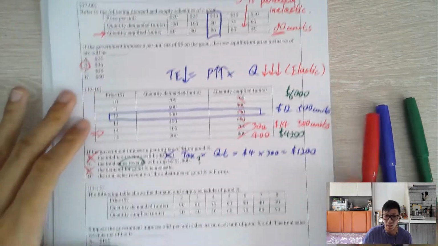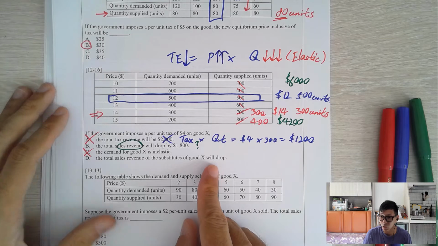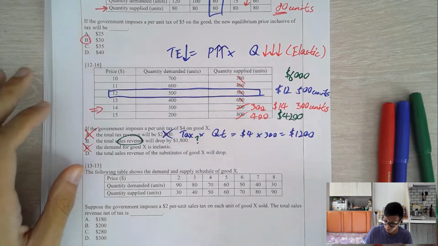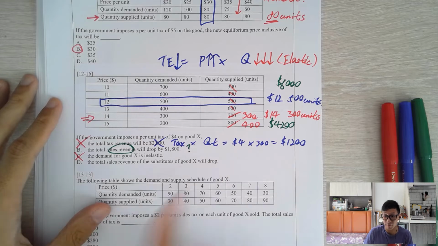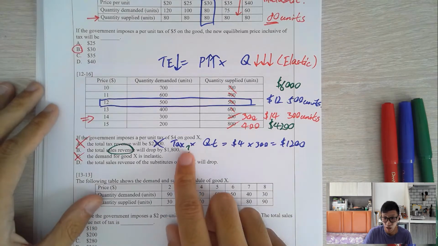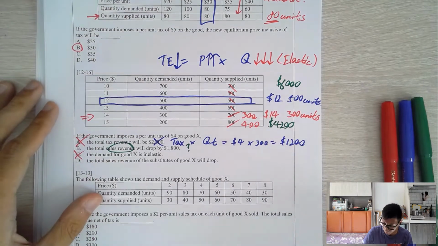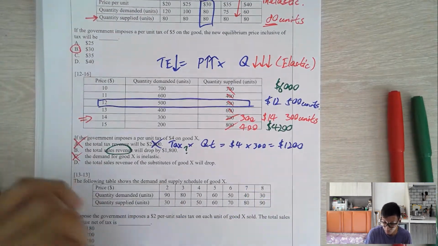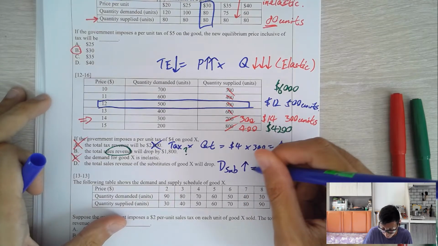What about D? Total sales revenue of the substitute would drop. Let's think about substitutes. Since our product price increased, QD dropped, like we mentioned. We know that since it is a substitute, the demand for the substitute would increase.